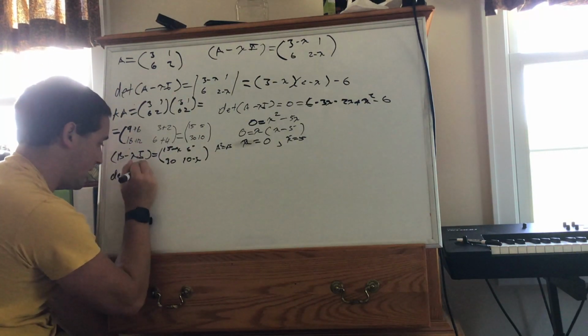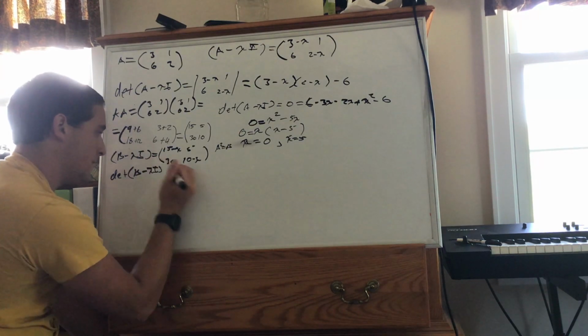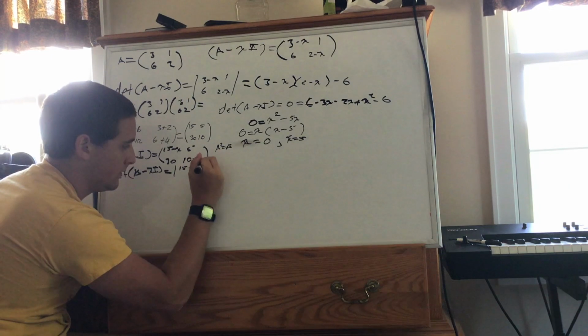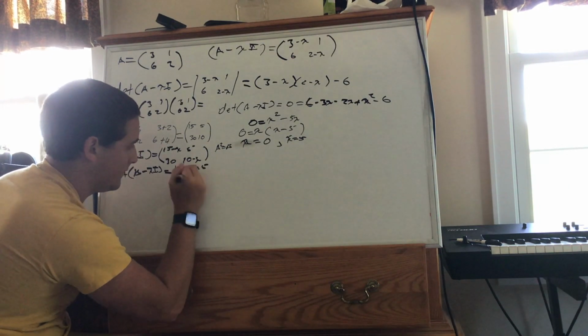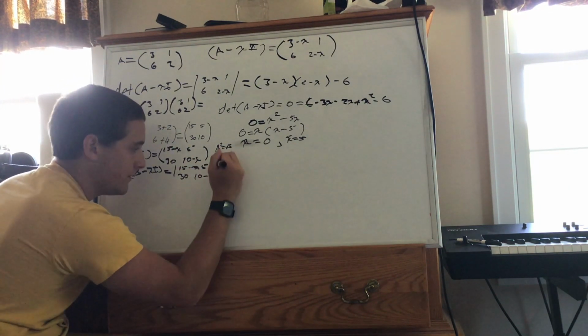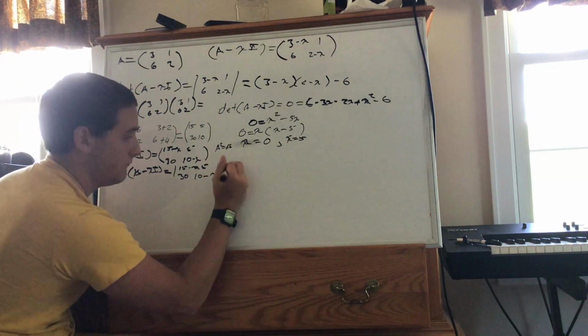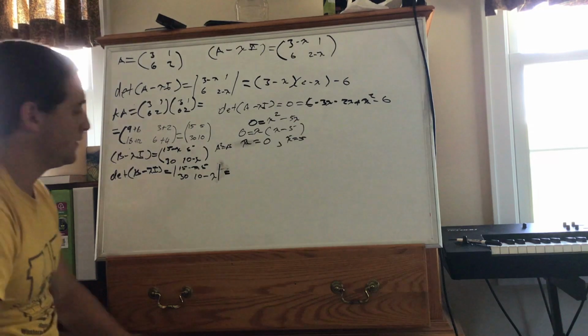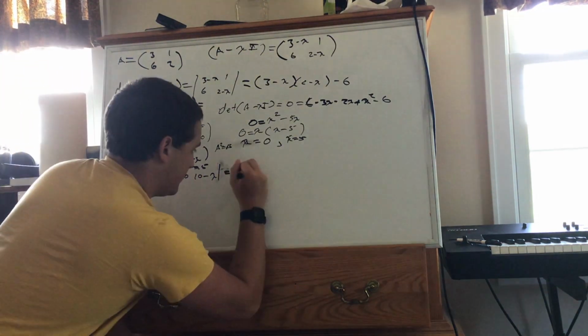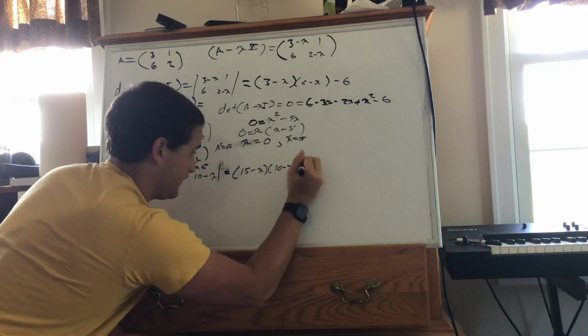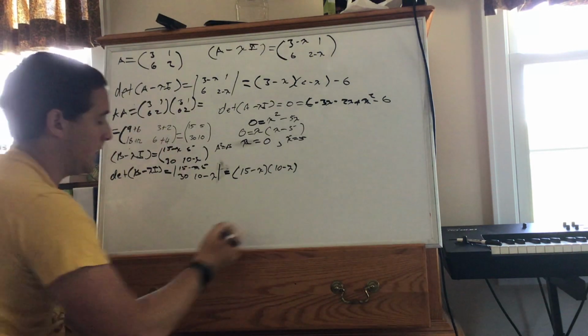Find the determinant of that. Lambdas look like x's. There we go. So we get 15 minus lambda times 10 minus lambda, minus 150.